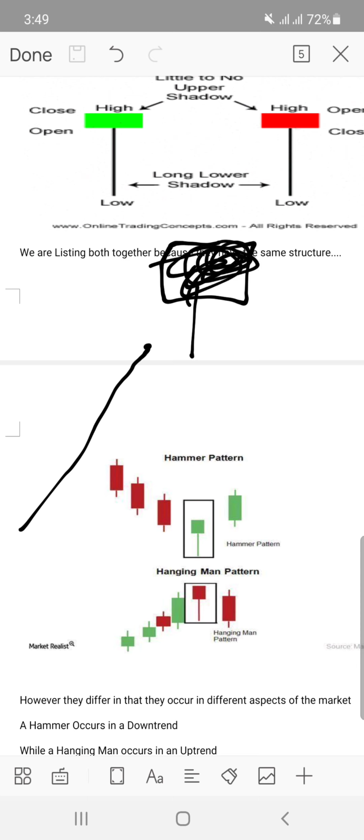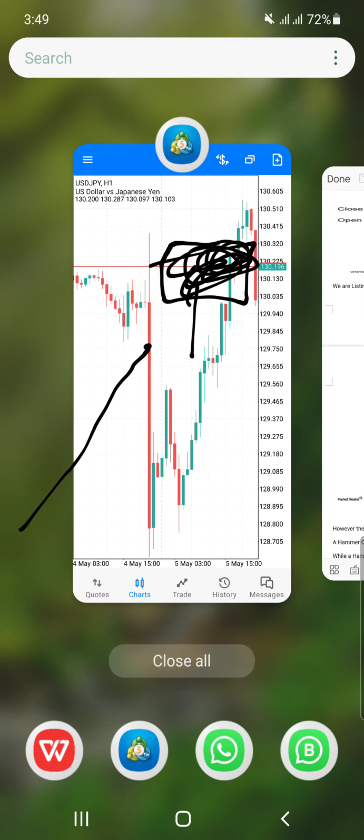So if the market is buying and you notice this pattern after a long uptrend, or the market has been buying for some time, it is a hanging man. If the market has been selling for some time and you see this pattern, it is a hammer, right? So now let me show you on the chart to make things easier.